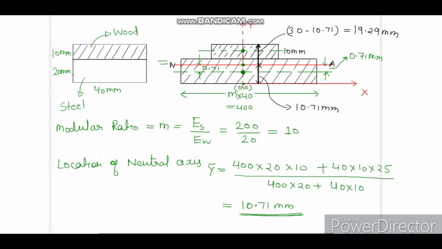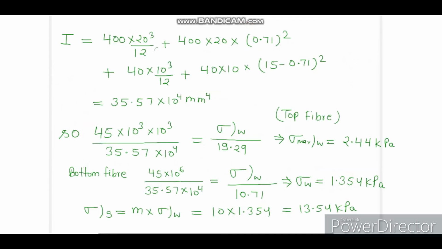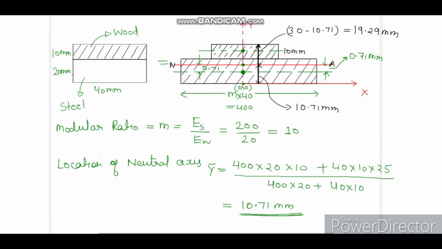After determining the location of the neutral axis, we can determine the moment of inertia of this section about the neutral axis by using the parallel axis theorem. For this section, the moment of inertia about its own centroidal axis is bd cubed by 12, that is 400 into 20 cubed by 12, plus the area of this section into the square of the distance between these two points.